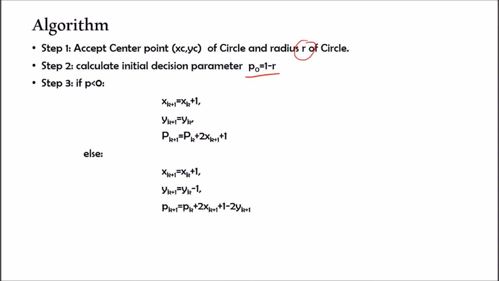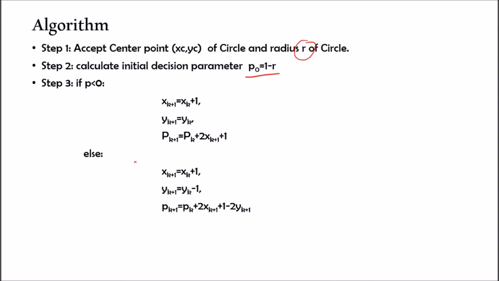Now based on the decision parameter, if p is less than 0, x is incremented by 1 and y remains the same as y of k. Means x of k plus 1, the next value, is equal to the current value plus 1, y of k plus 1 is equal to y of k, and p of k plus 1 is equal to p of k plus 2x of k plus 1.